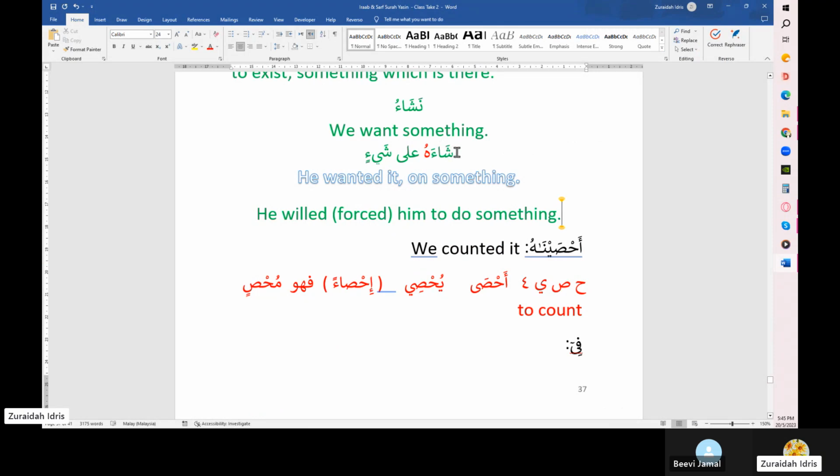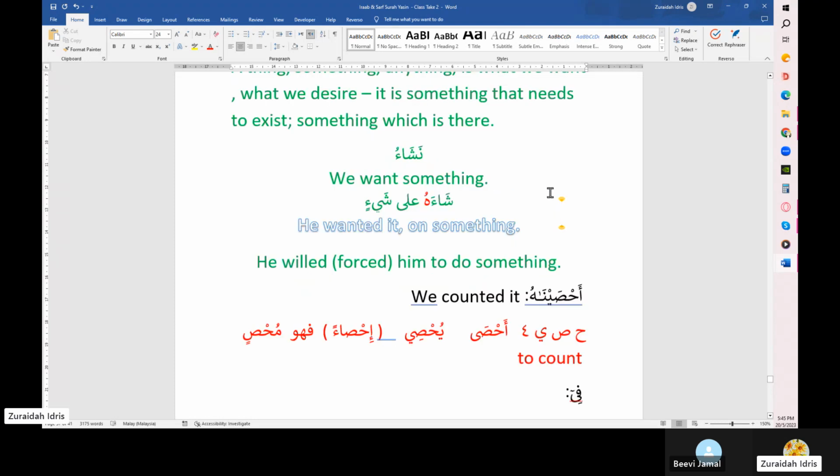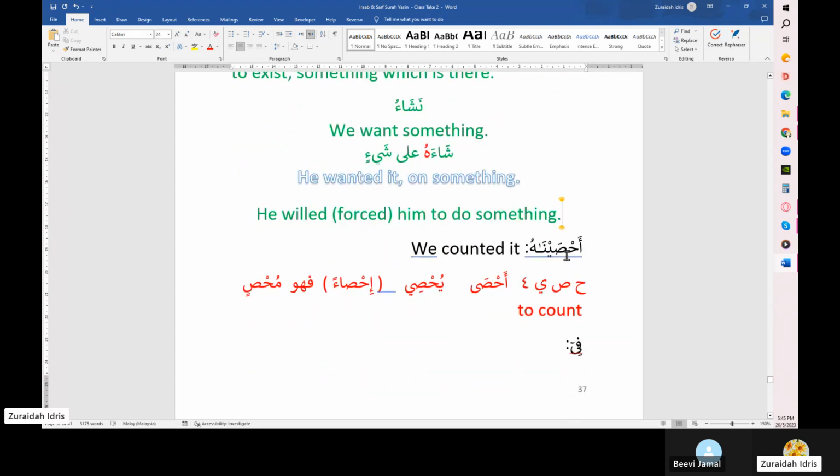Because sometimes when we don't know the standard Arabic, we only know the Quranic Arabic, sometimes we don't appreciate how the word is used. But I thought I would mention it here, so we see how it can also work in a different way. Inshallah, alhamdulillah.